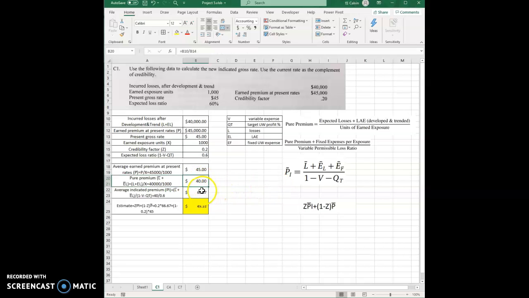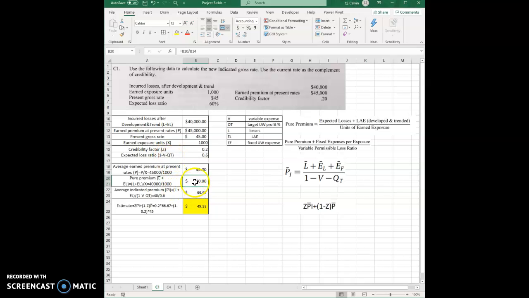And then for the average indicated premium PI bar, it equals the pure premium divided by 1 minus V minus QT. For this question, we don't know those two numbers, but the expected loss ratio is given, and it's exactly the 1 minus V minus QT.